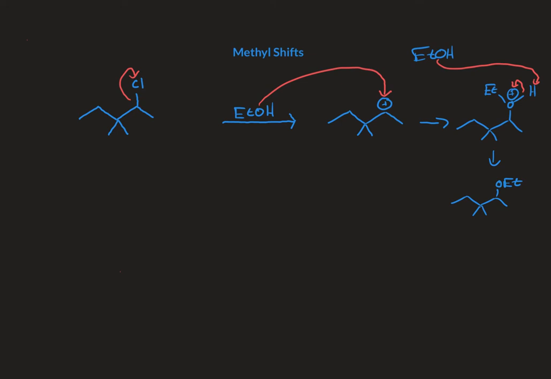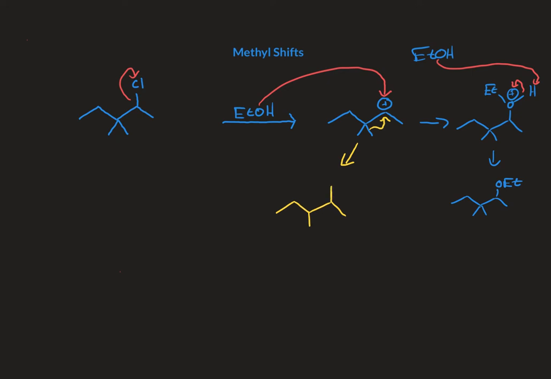However, instead of forming that, this methyl group here could undergo a 1,2 shift. And so that methyl group, just like the hydride, shifts over a bit to form this.